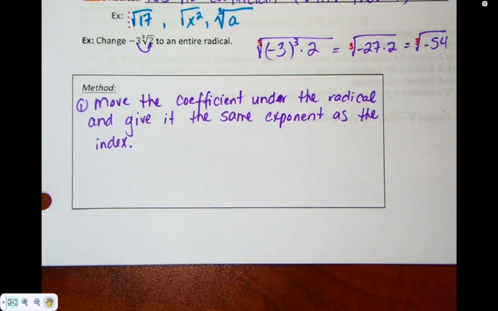Move the coefficient under the radical and give it the same exponent as the index.